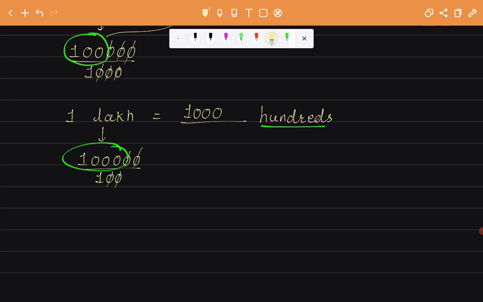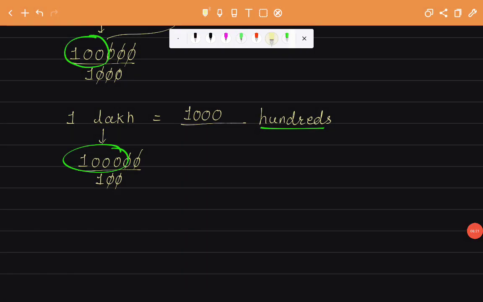Now let's look at the next one. The next one says 1 crore is equal to dash lakhs. Let's first write down 1 crore, and under it we will write lakhs.